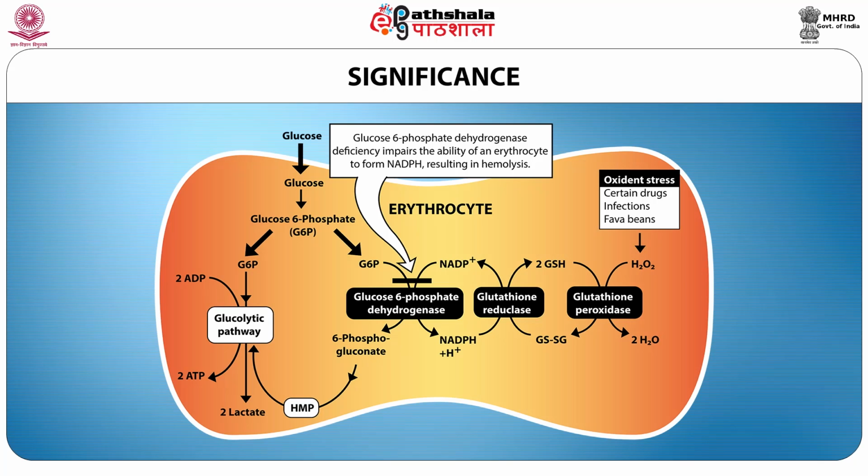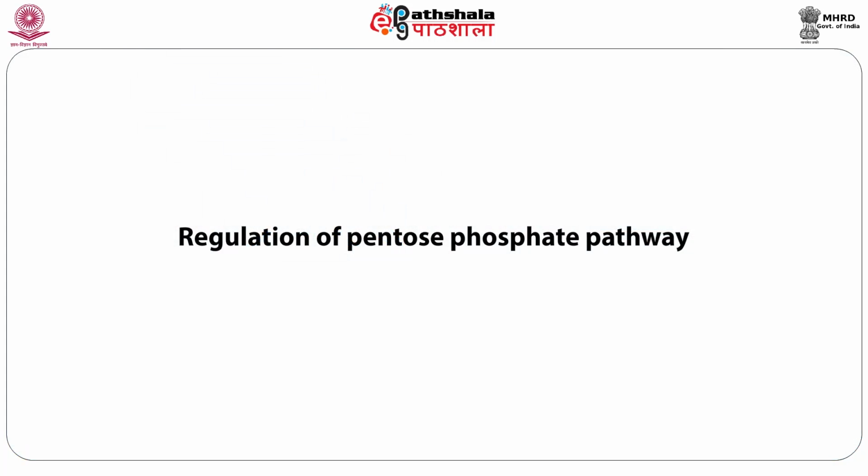Oxidant exposure, however, causes hemolytic anemia, that is, a reduced number of red blood cells due to the lysis of the cells. So, now we understand how significant this pathway is for maintaining homeostasis and it should be regulated.